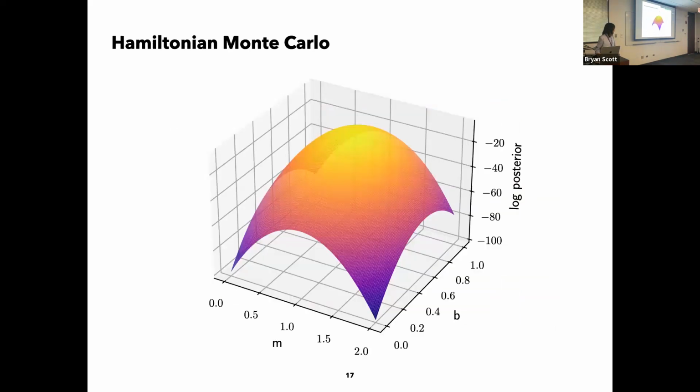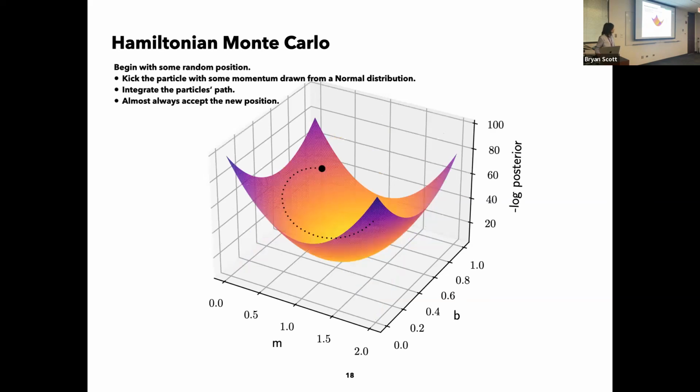The color is the same, and we are plotting the log probability on the Z-axis. This becomes a 3-dimensional sort of potential. If you flip it to the opposite, that's a potential map. So what we want to do is sample this posterior distribution as a potential. That's the idea of Hamiltonian Monte Carlo.